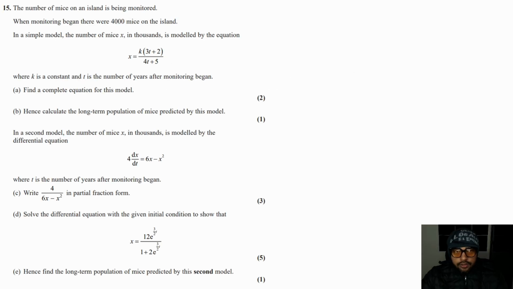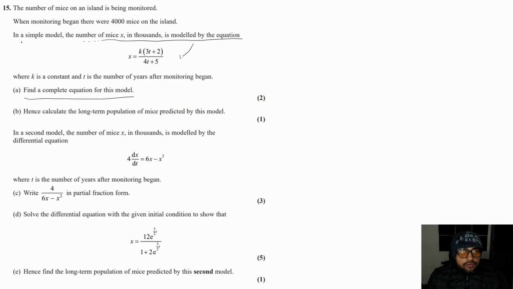Now, students, let's come to the 15 number question that has given us a certain model for the number of mice in thousands, and they have given a certain equation for the same, where k is a constant and t is the number of years after monitoring began. What we need to do is find the complete equation for this model.